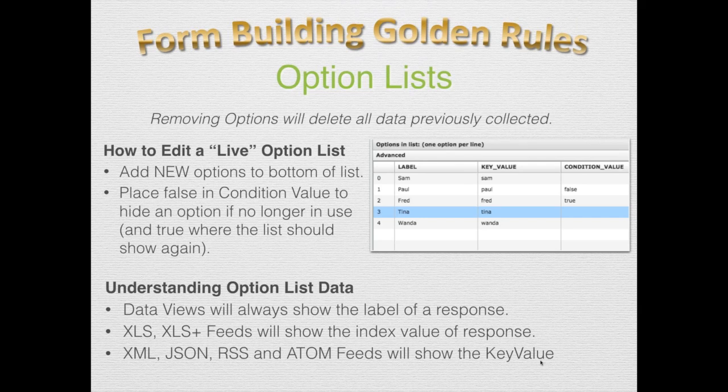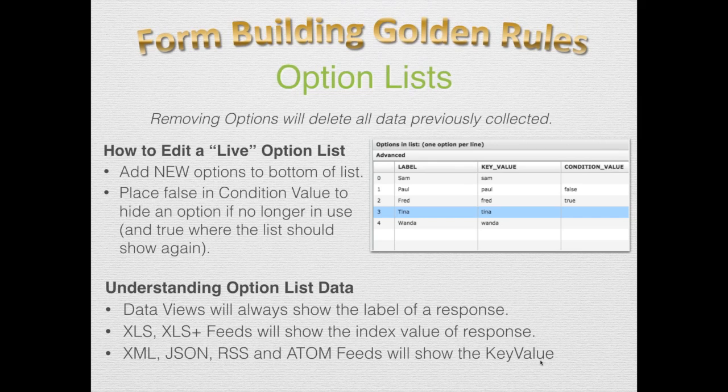The key value, if you have a longer word, you'll have the underscore in between each word. And that will depend on how you set up your form building and if you use some of our iFormBuilder built-in functions to display, if you want to force the label to be displayed in a feed, or if you want to force the key value to be displayed in a feed.